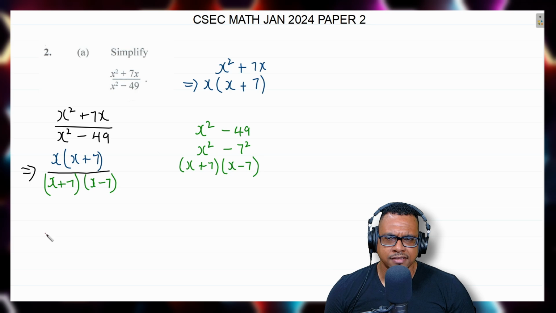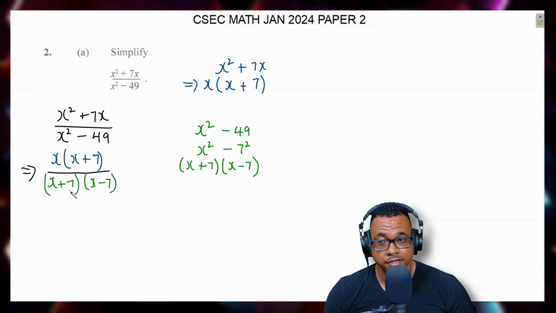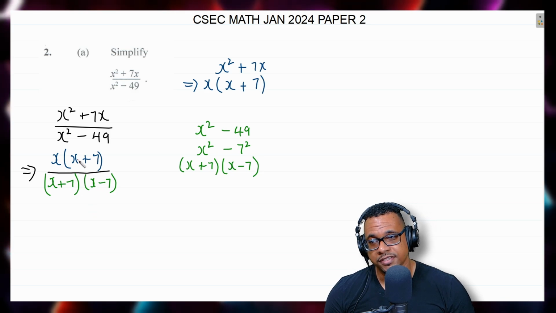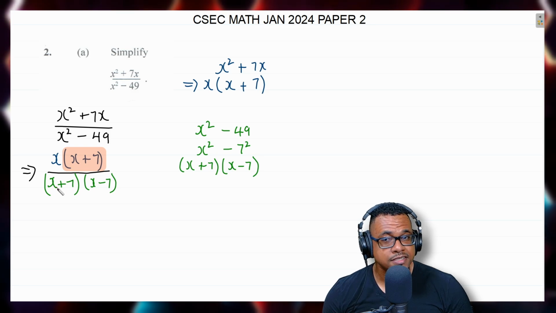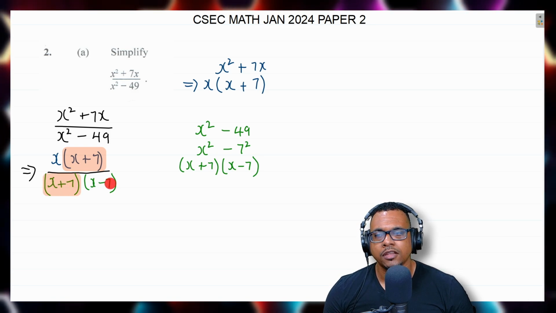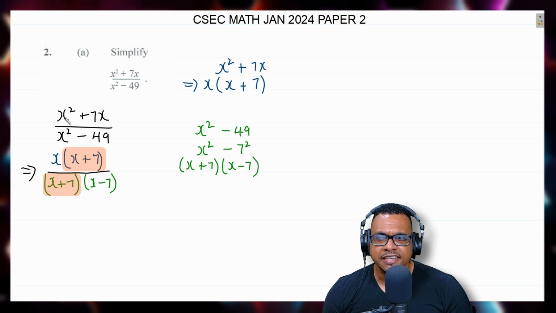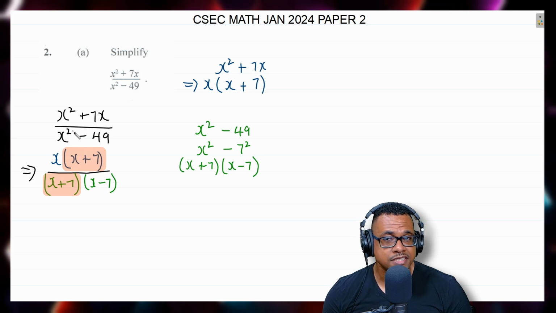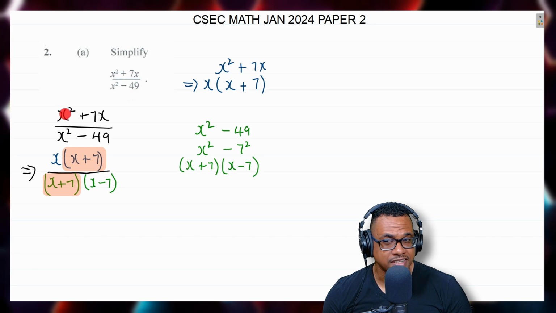Now, we notice that we have something multiplied by something in the numerator and same thing in the denominator, something multiplied by something. Now watch this. In the numerator, I see the x plus 7 here, which is multiplied by the x. And in the denominator, I'm seeing that same x plus 7 multiplied by x take away 7. Now, in this situation, we can cancel. So up here, when you had individual terms in the numerator, same thing in the denominator, remember terms are separated by plus or minus signs, you just cannot take one term and cancel it with the next term.